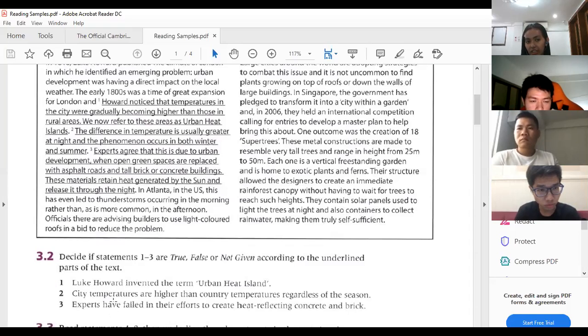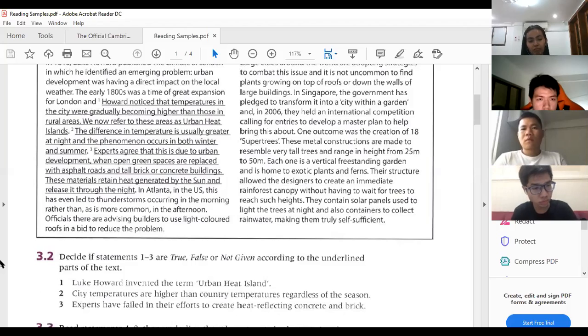Don't read everything, only read the underlined ones and use what you get from them to answer these 3 questions down here, since they underlined for you already. True, false, not given. If it's false, why? If it's true, where can you get that?